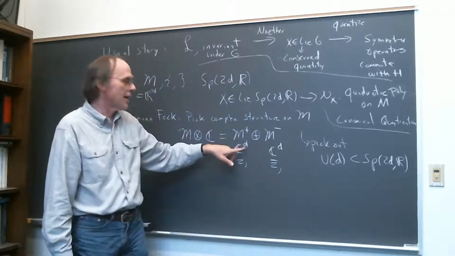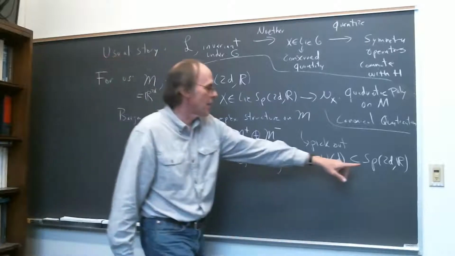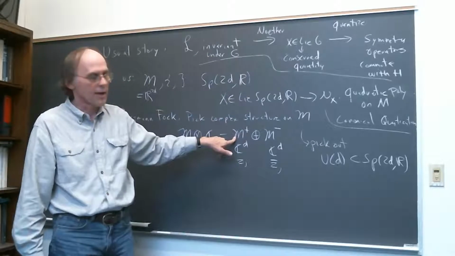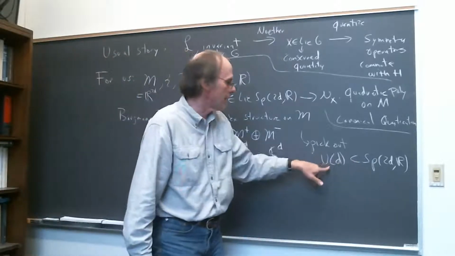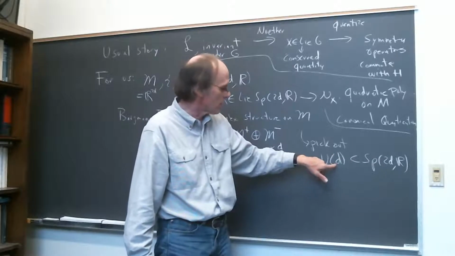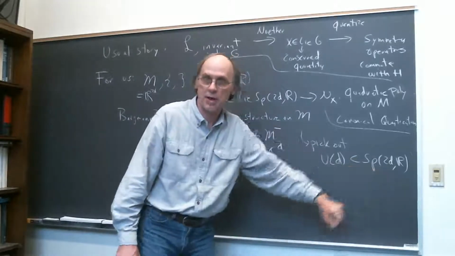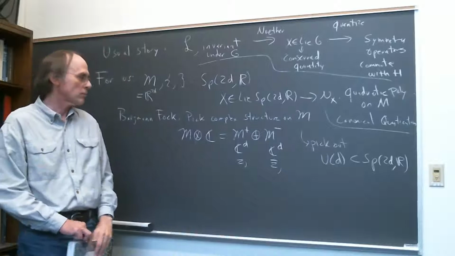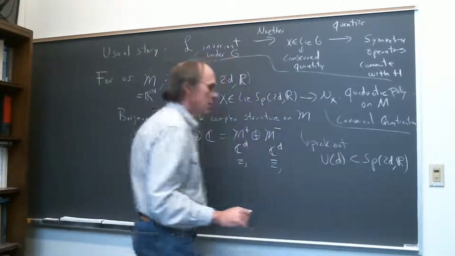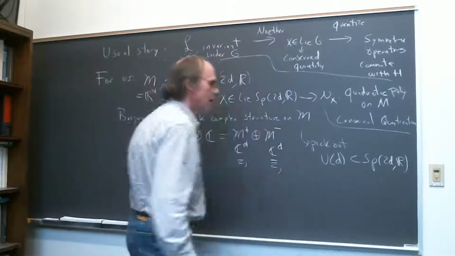So then what you're going to get are things that are not just in here, but that are in here and preserve the splitting, and this turns out to give you things that belong to a unitary subgroup of this guy.